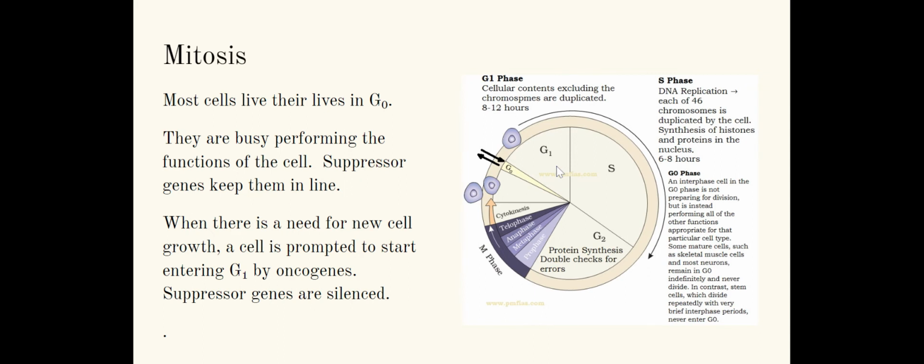G1, everything gets multiplied. The chromosomes get duplicated. It takes about 8 to 12 hours. So you just have copies of each chromosome. And then they're replicated in the S phase. Then protein synthesis, you're going to make your histone proteins and other things that the cell needs.